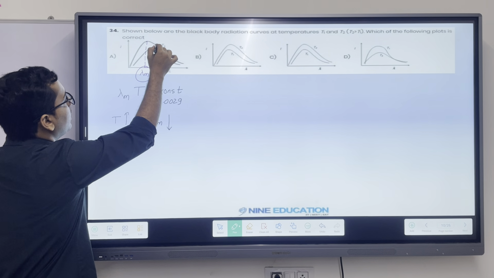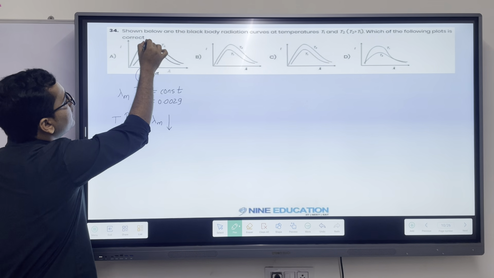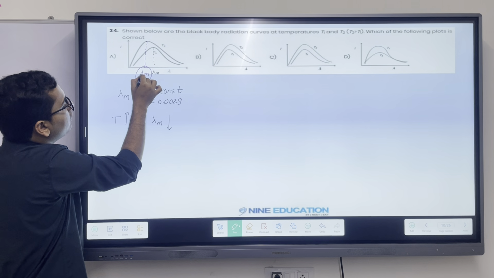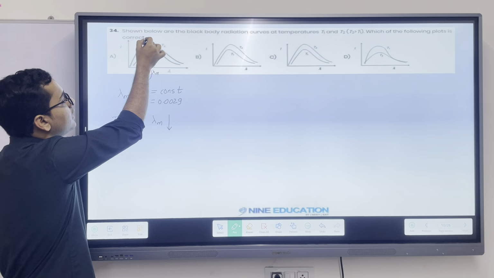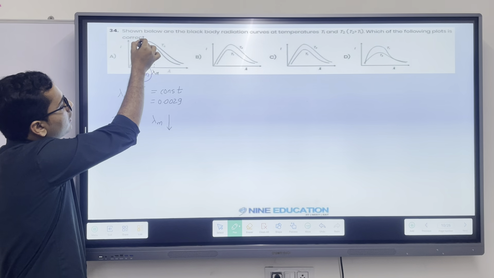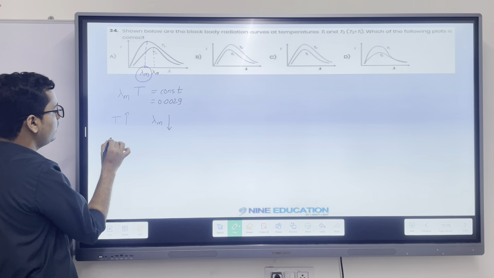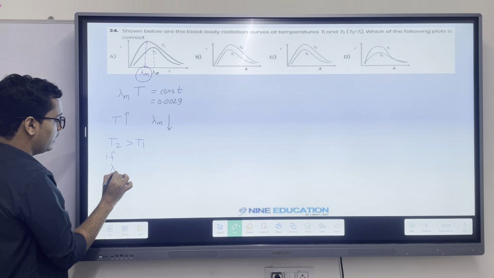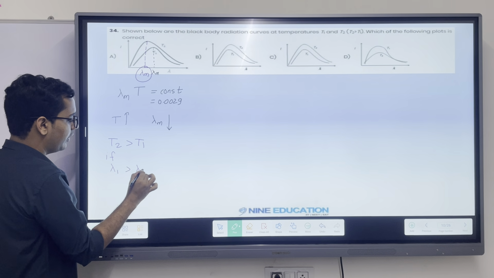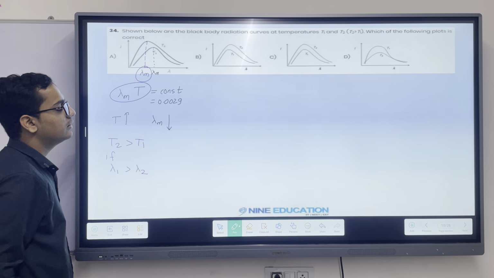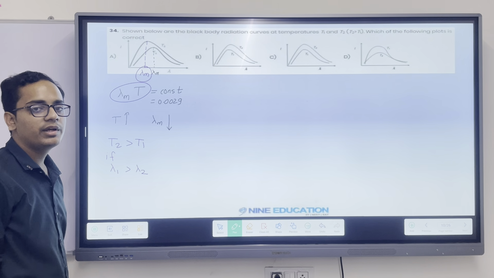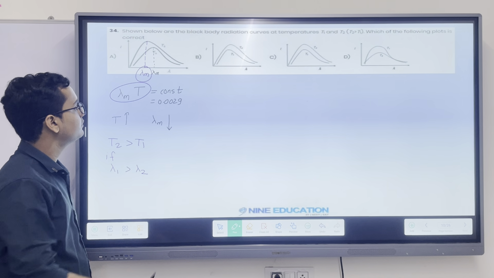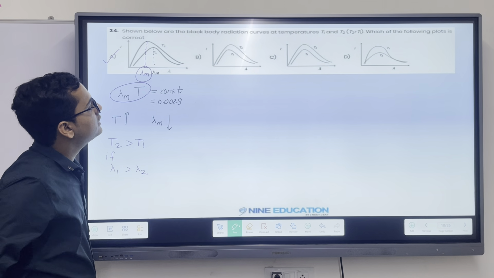So if the wavelength is less, the temperature is more. That's why T2 is greater than T1. You can see lambda and the temperature have an inverse relation. This is Wien's displacement law. Based on that, this option is there.